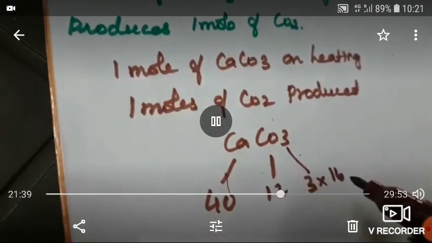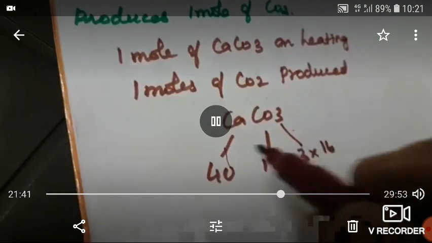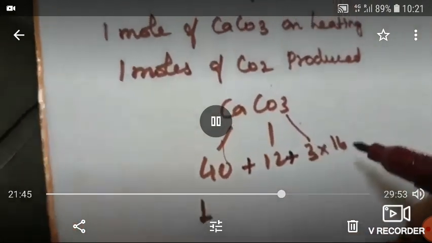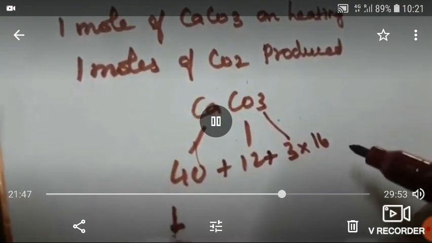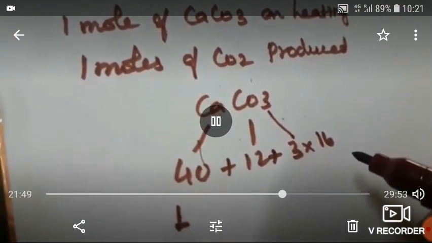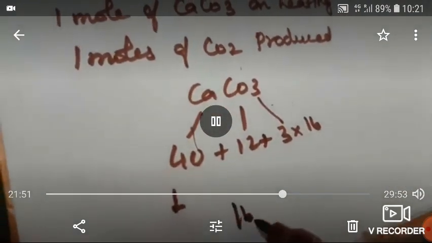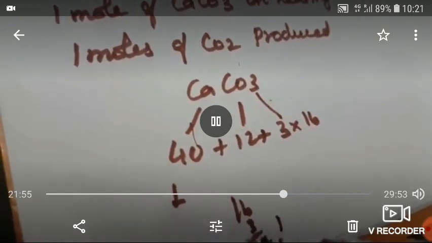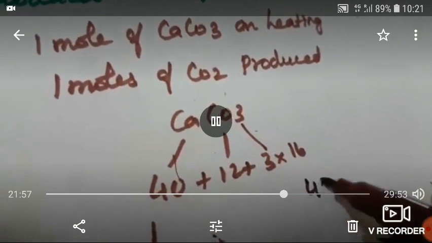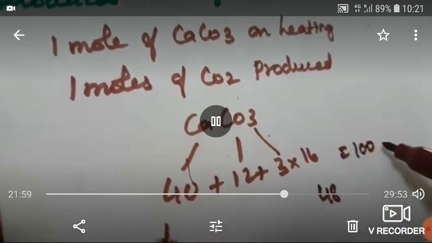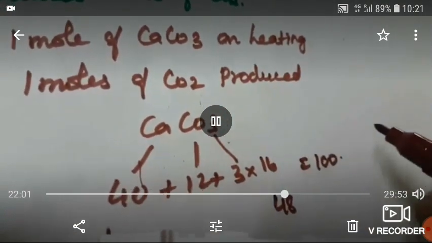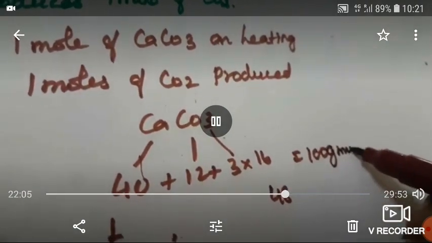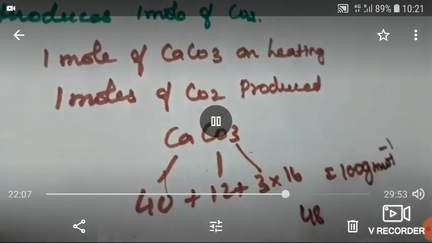So that is 40 plus 12 plus 48, equal to 100 gram of calcium carbonate per mole.